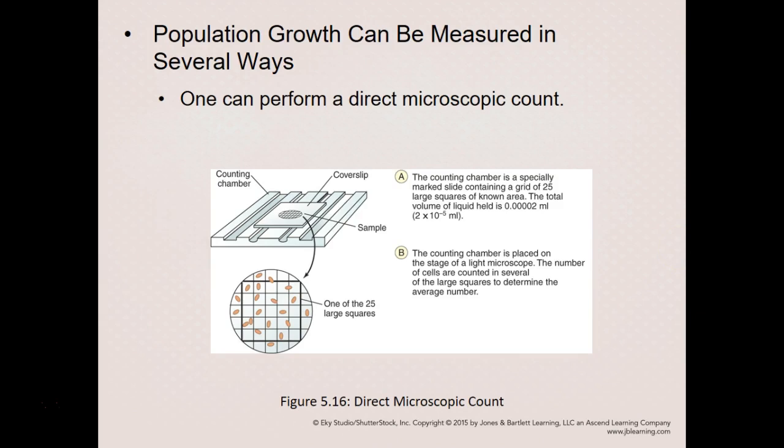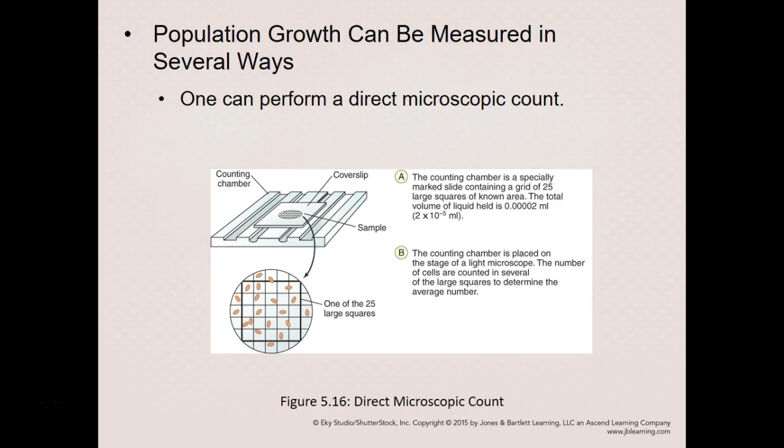We can count the number of cells using different mechanisms as well. So one mechanism is called the direct microscopic count, where we take a sample and we dilute the sample. So say we have a sample from a lake, one of the lakes, Canton Lake, that would be an example, and we want to know how many bacteria are in the lake.